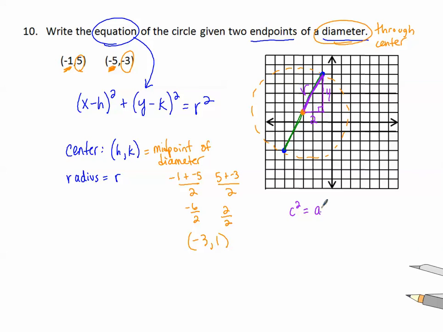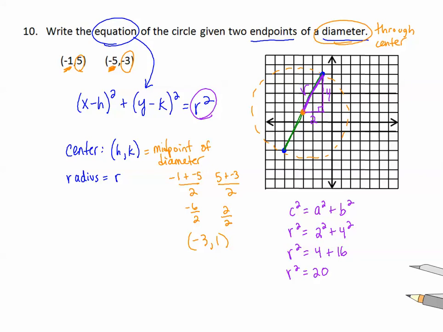Remember, c^2 = a^2 + b^2? Well, the hypotenuse is c, and that's r, so r^2 = 2^2 + 4^2. So r^2 equals 4 plus 16, or r^2 equals 20. Again, we're not asked for the radius, we need r^2 in our equation.